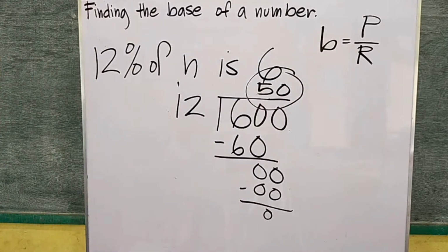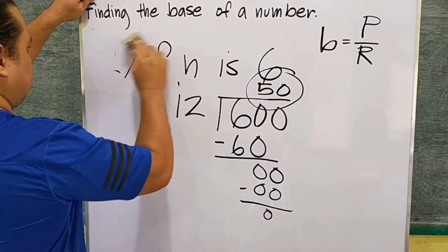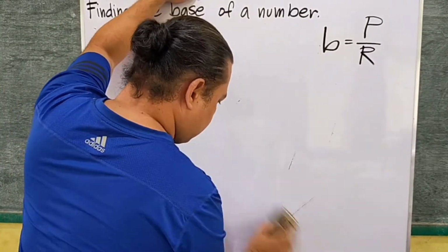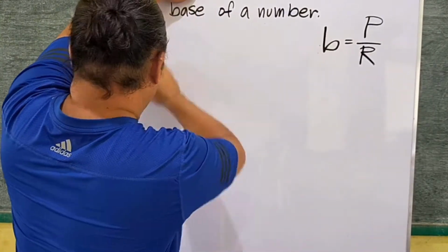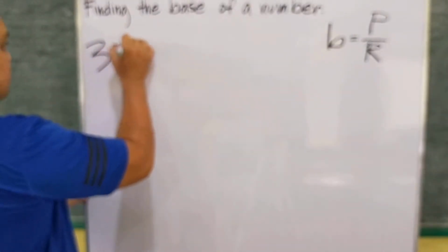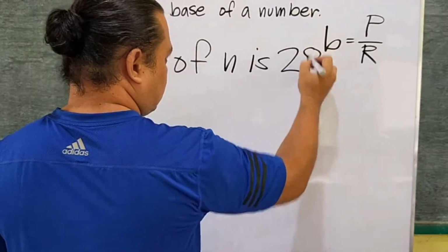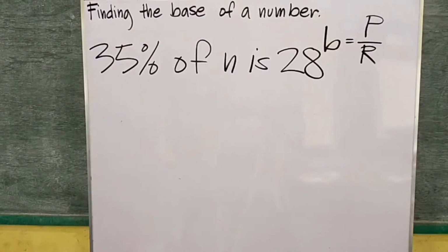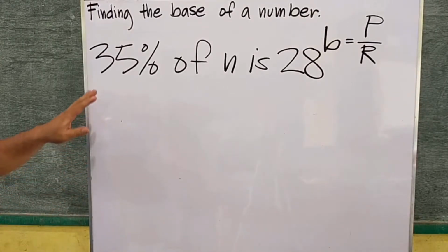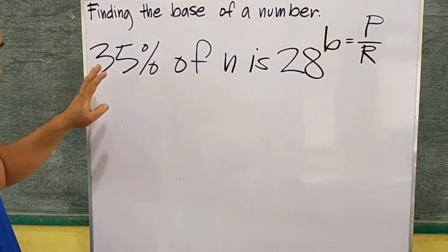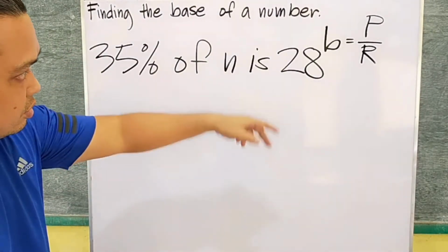Let's have some more examples. For our example here, 35% of n, or 35% of what number is 58.